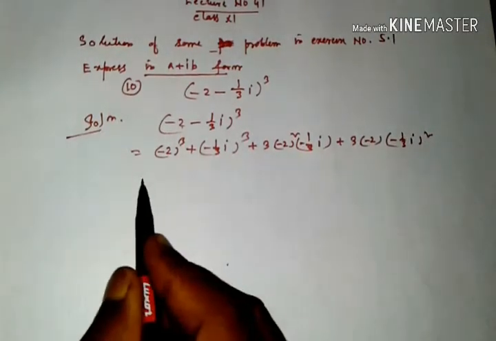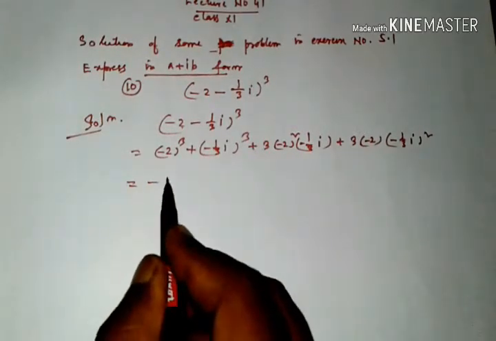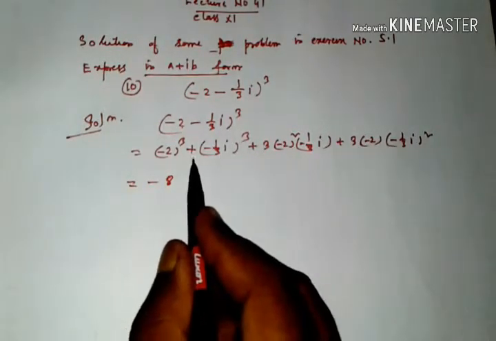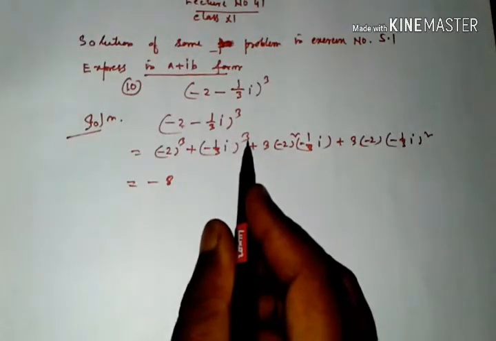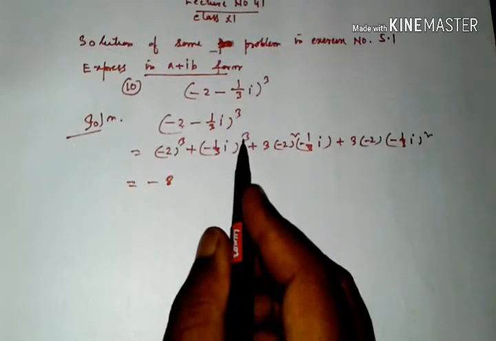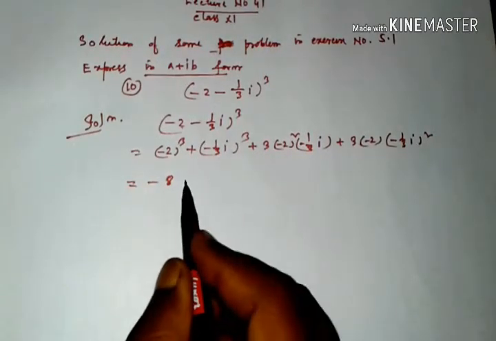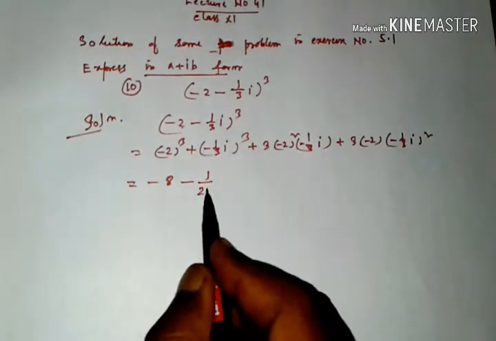This is done. Now this is minus 8. This will be plus cube. There is an odd number in the power. Therefore, it is minus 1 by 27.